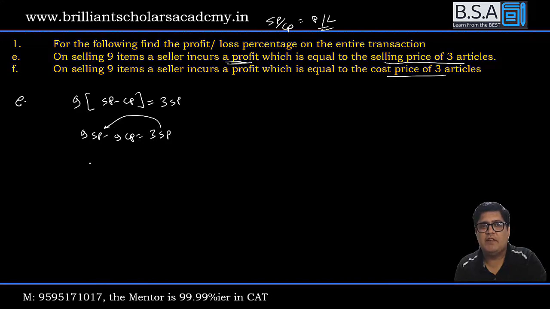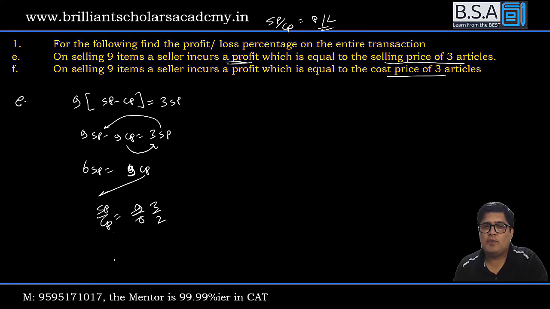I will transfer 6 SP to this side, that will be 9 CP. So I'll bring CP down. SP by CP is equal to 9 by 6, which is basically 3 by 2.